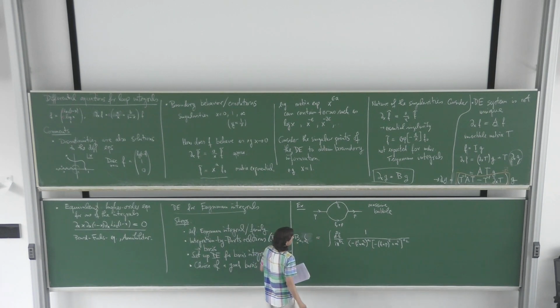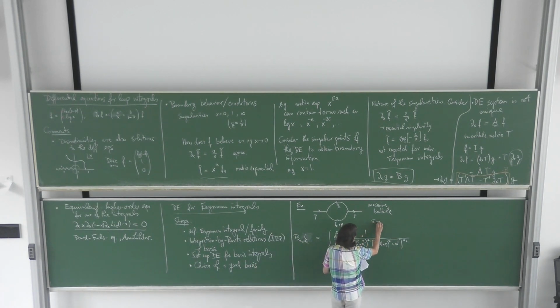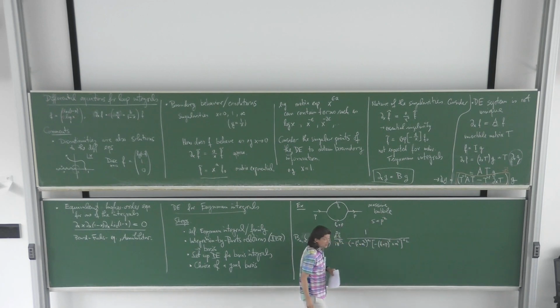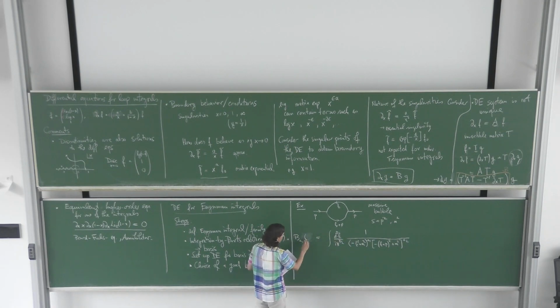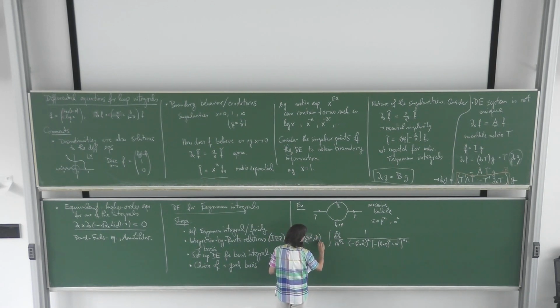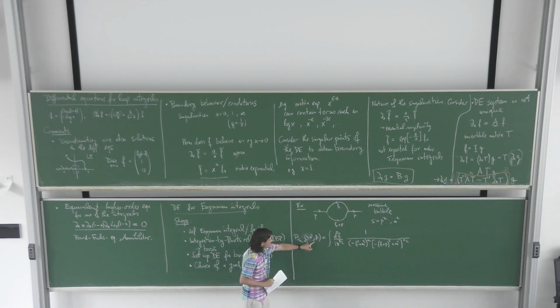And the kinematics I'd like to call s, p squared. It's just easier to write for me. And the other variable that this integral depends on is m squared. And implicitly, of course, it also depends on the dimension d.